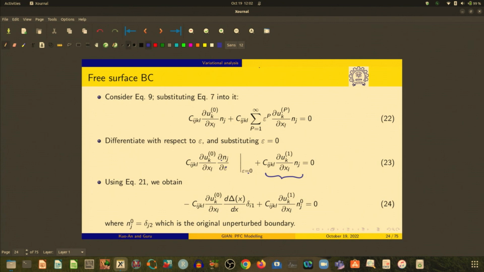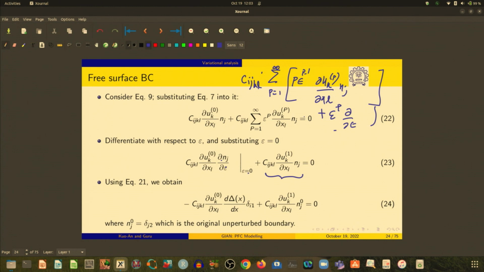How do you differentiate with respect to epsilon? You will get what terms? Summation, Cijkl common to everything, summation p equal to 1 to infinity. What are the terms I get? First, epsilon will give me p epsilon to the p minus 1, dou uk of p by dou xl, nj, plus maybe you keep the epsilon to the p the same and differentiate nj.